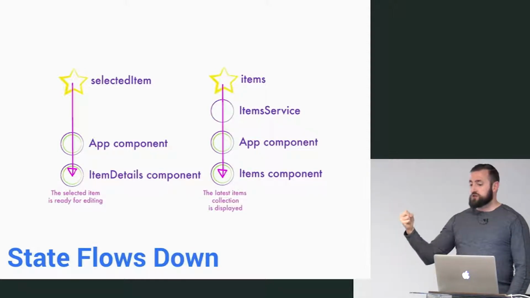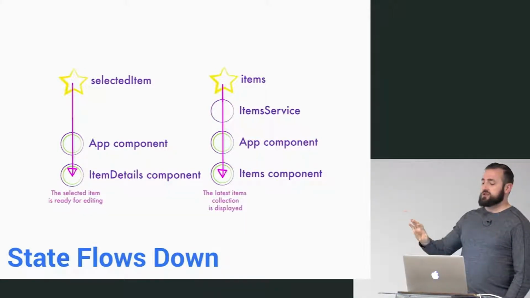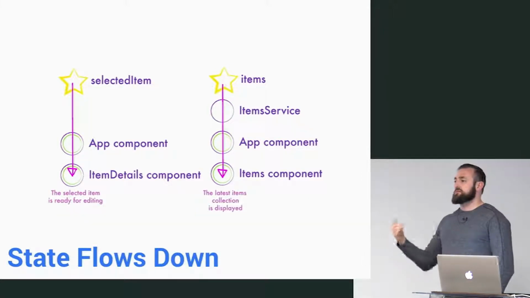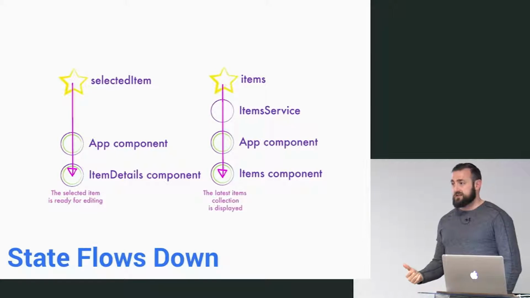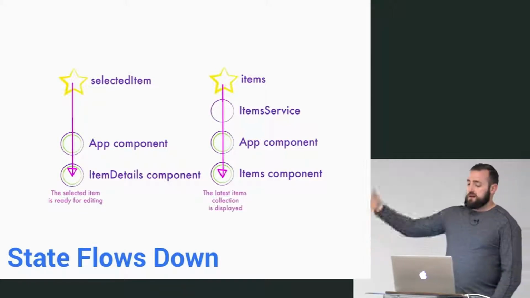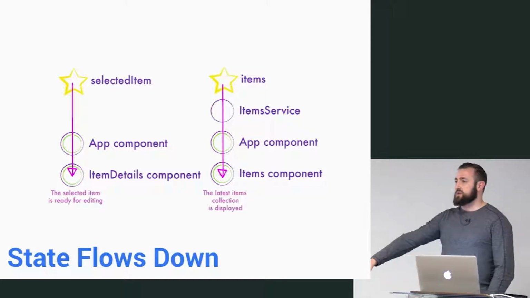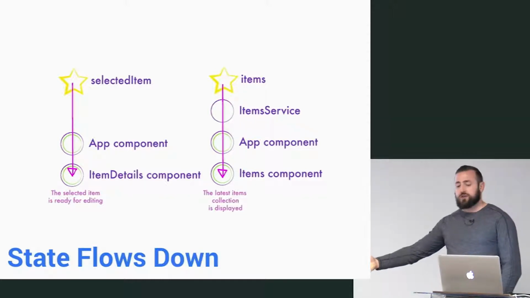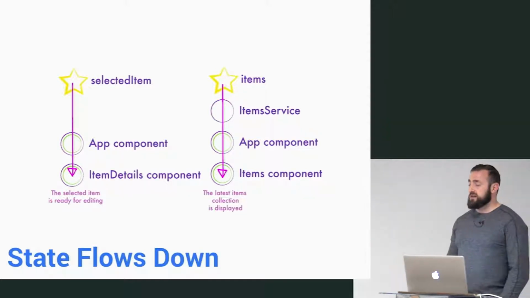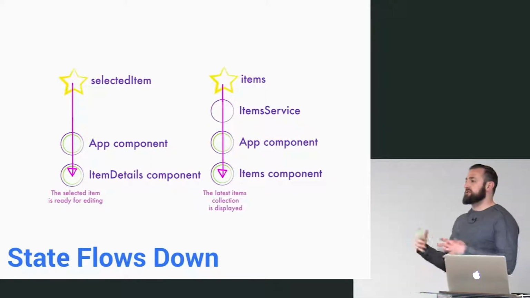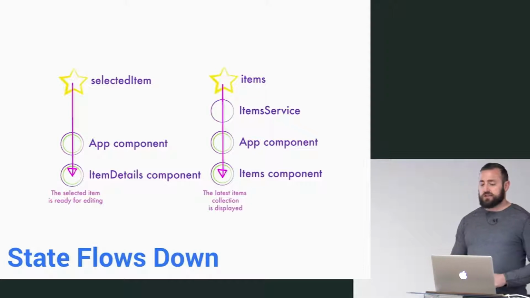That's where we're consuming it, but then we're passing that collection or that observable to the app component that then goes into the items component to be rendered as a list. Everything flows down to the item details component and items component, which are by nature very dumb. They just have inputs. Something happens, we output. And then the app component would be the smart component that coordinates all of that together.